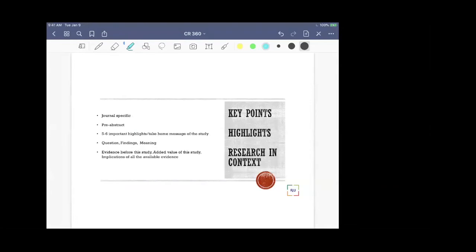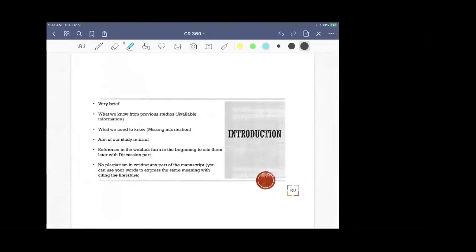If you want a specific session besides what we covered last time, let me know. We'll plan an exclusive session on small topics too. Today, if I remember correctly, we need to cover the introduction part.